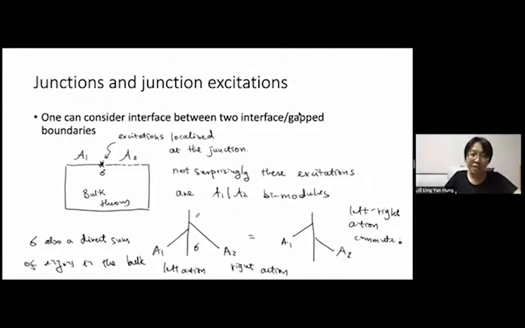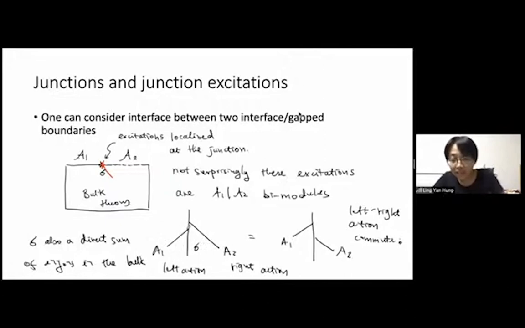So what happens if I have two boundaries? Then now this algebra can act from the left. A1 can act from the left. A2 can act from the right. And so to find out all the excitations that are localized at the junction between two boundaries, these are really so-called bimodules or bi-representations of this algebra. So it has a left action by A1 and a right action of A2.